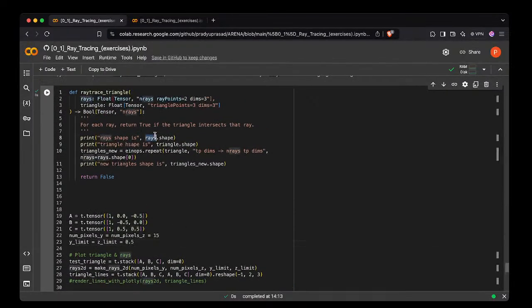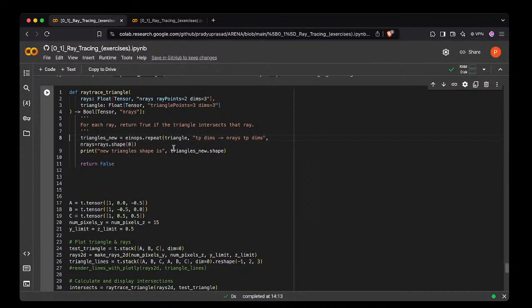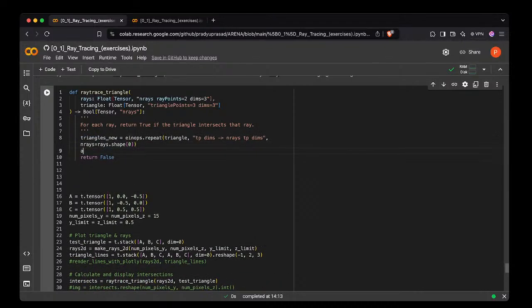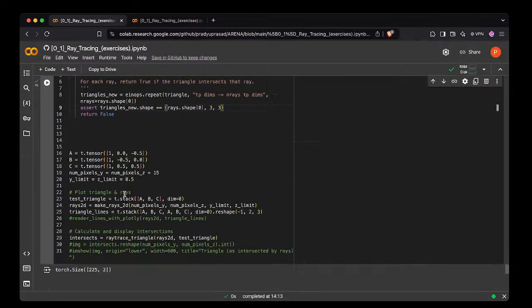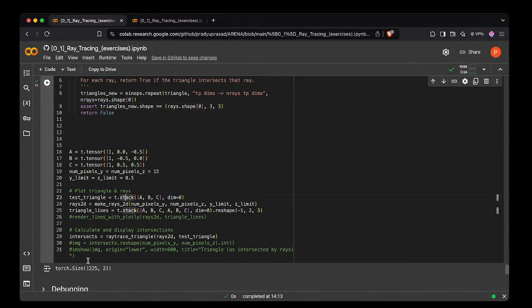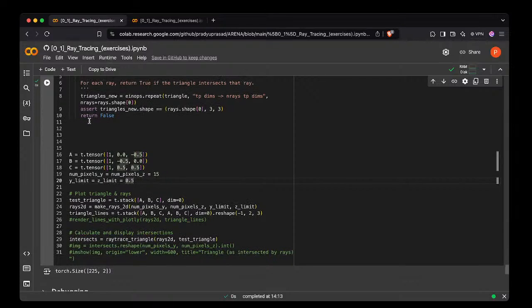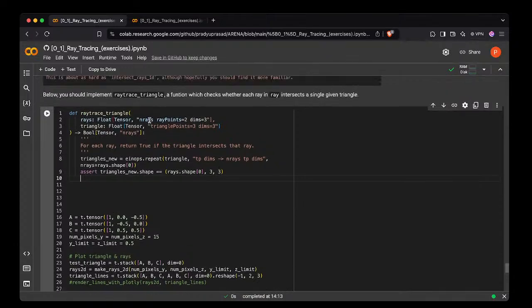Now that we have that, we're just going to write some asserts here. Yeah, no issues at the moment. Why is this printing? I don't know what is making it print.